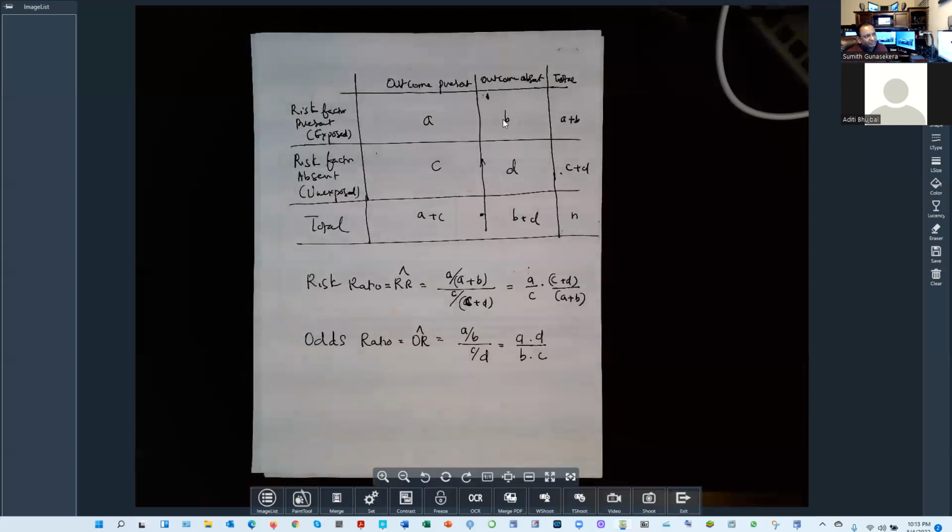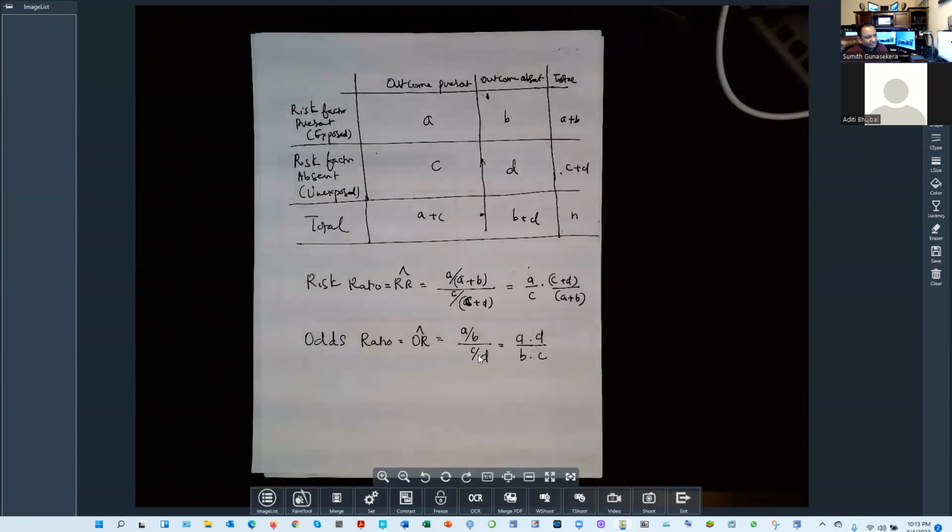If you want A divided by B, you have that for a given, you are obese, you have diabetes or not diabetes. A divided by B, the other one C divided by D. Look at the difference here: instead of A divided by B, I'm using A divided by A plus B. That's called the risk. If you use the ratio between those two, it's called the risk ratio.